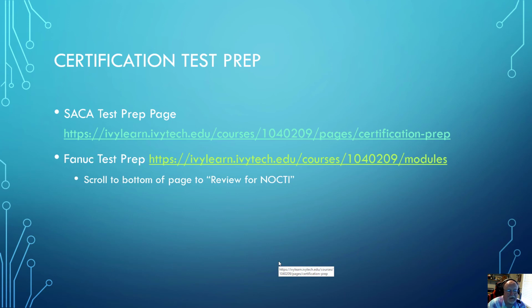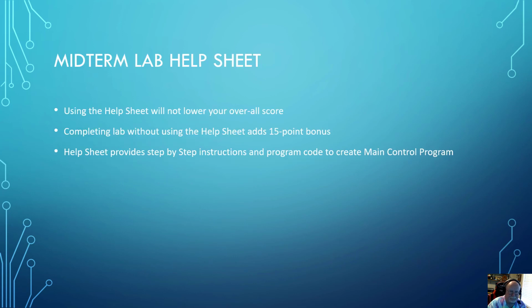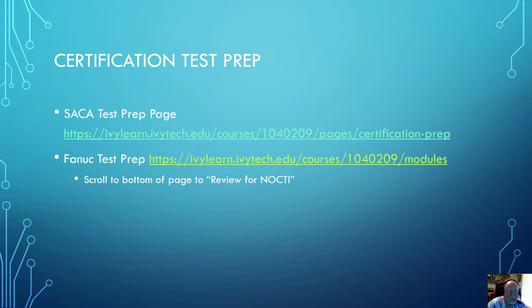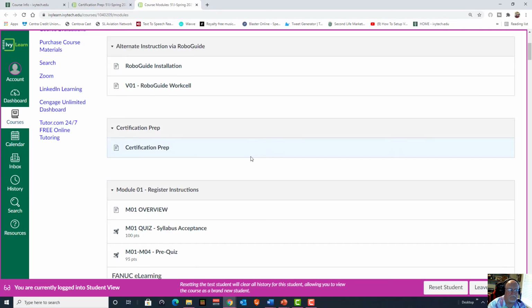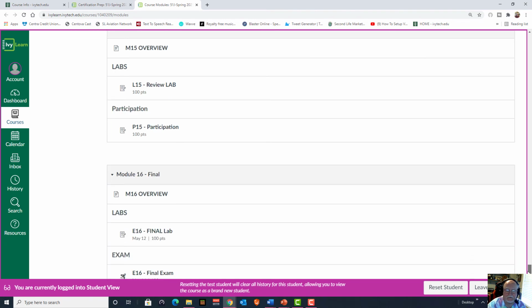And then the FANUC test prep is basically, get back there. What's happened here? Okay, yeah, sorry about that. The FANUC test prep is basically everything that we studied in the class, including RoboGuide. And you can find that if you go to your courses, go to your modules and go all the way down to the bottom of the page.